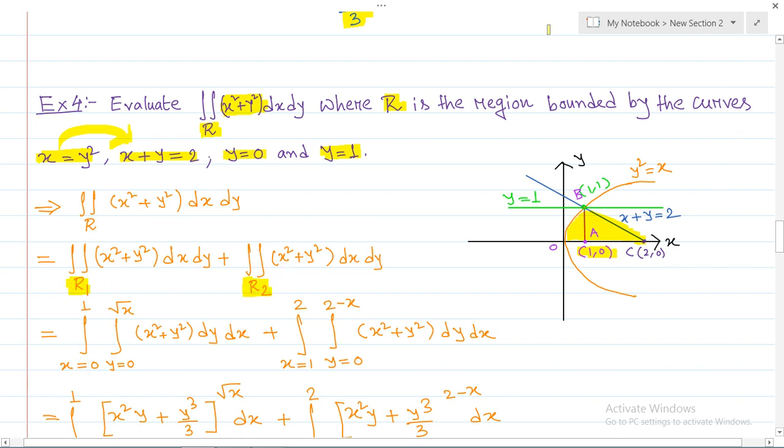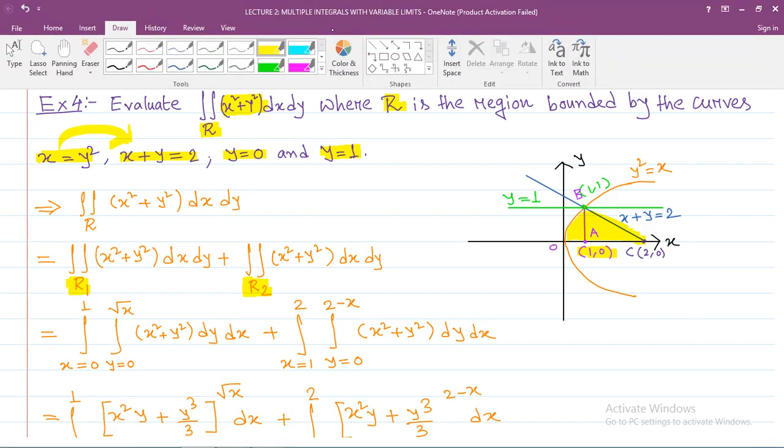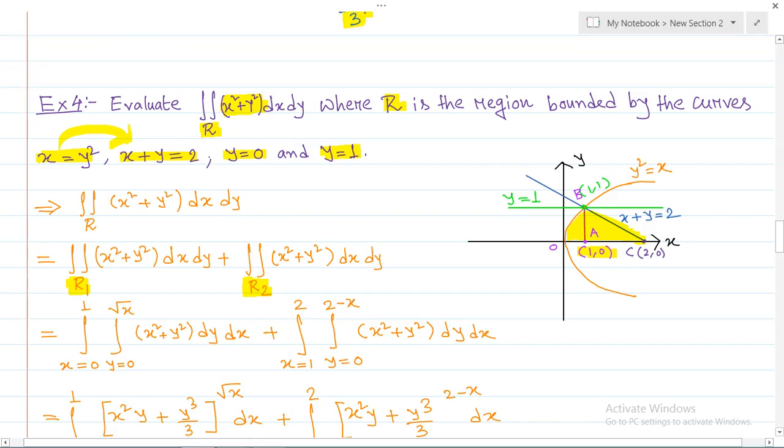Now let us find out the limits. If you look at the structure, for 0 to A, what is the range of x? All of you can understand now, I think. x is ranging from 0 to 1. Since x is constant, we take the limit of x as 0 to 1, and this integration we have to do later. Now how to measure y?